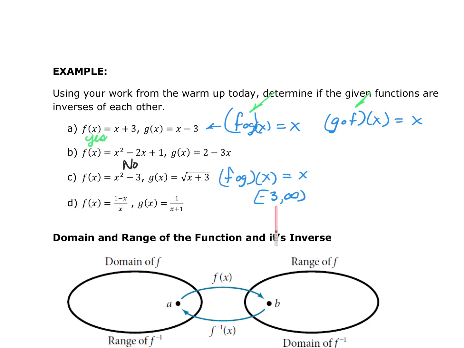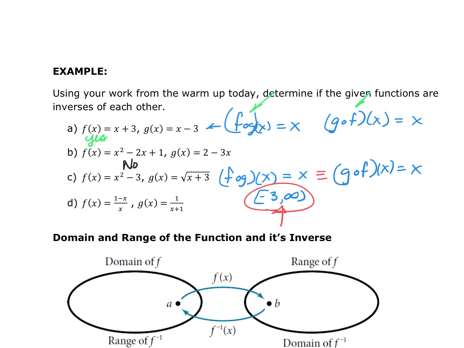So if I put in negative 4, g of negative 4 is not going to give me negative 4. So even though we found these to be equivalent, it failed because of my inner domain. I can't put in negative 4 to begin with. So there are places in which my domain values are not going to equal itself.